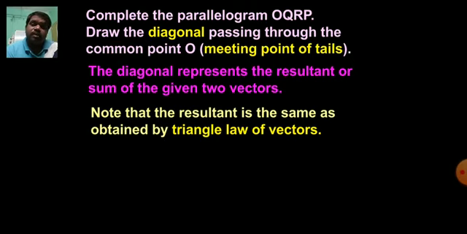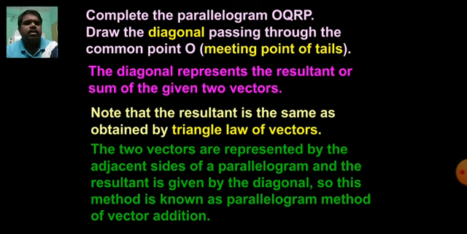See, the resultant, that is vector R, is equal to vector A plus vector B. Here in this case also the resultant is the same for vectors A and B, that is vector R equals vector A plus vector B. There is no kind of difference between the resultant in the case of either the parallelogram law or the triangle law of addition of vectors. The result will be the same.